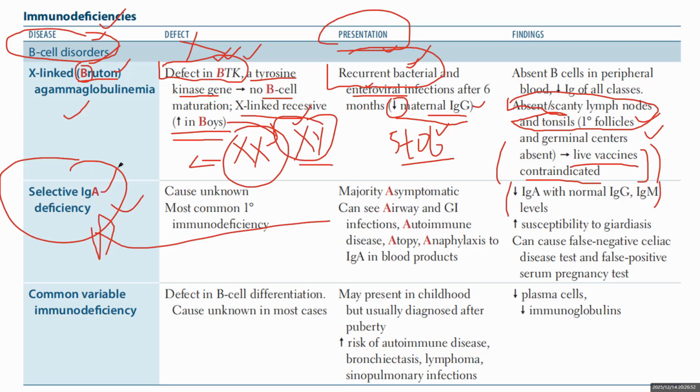Some patients also develop autoimmune disease like SLE, because IgA deficiency is associated with immune dysregulation. So the first thing you see can be airway and GI infection. The majority are asymptomatic, and for autoimmune disease, one example you need to remember is SLE.